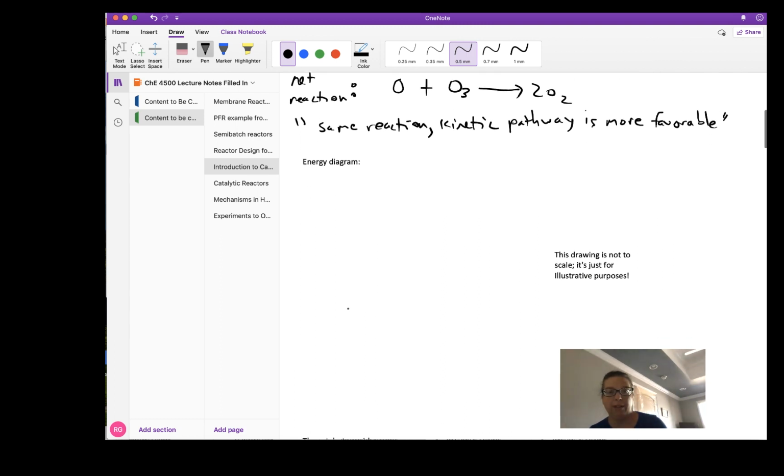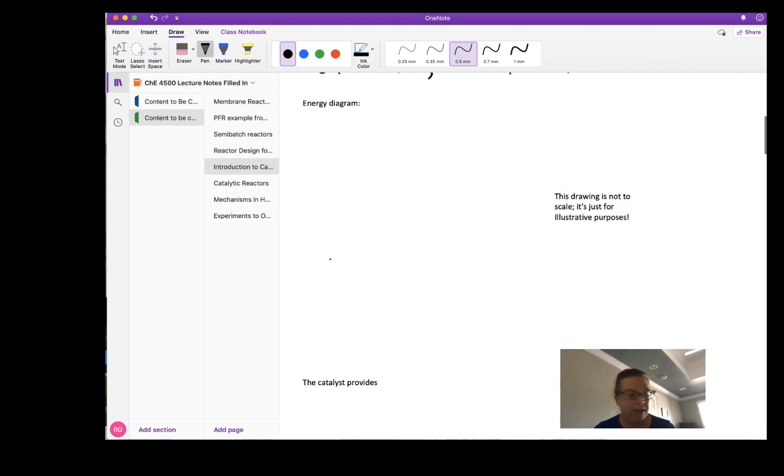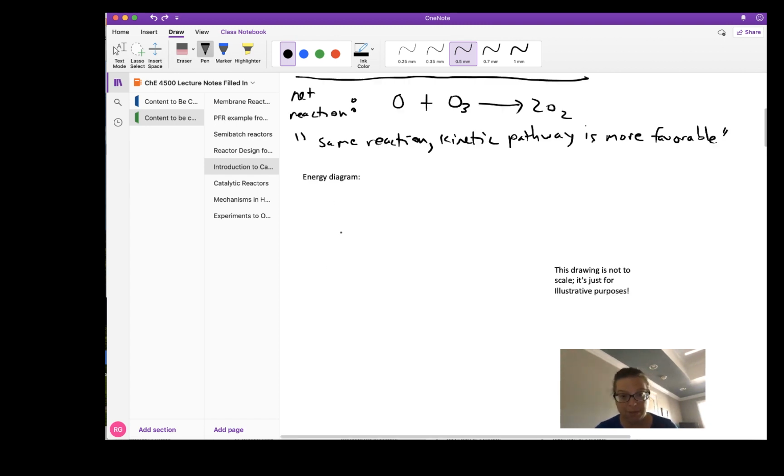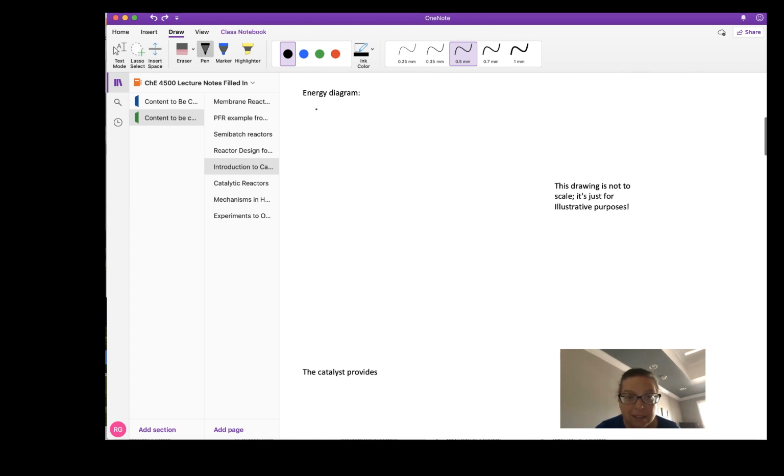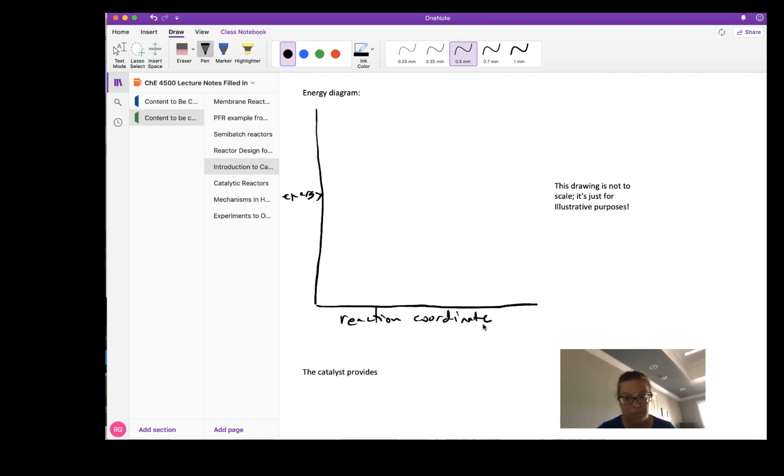So we could create or sketch an energy diagram for this process. So we'll say energy, and this is arbitrary units. And down here we'll say reaction coordinate. So in the absence of chlorine, we have something that looks like this.